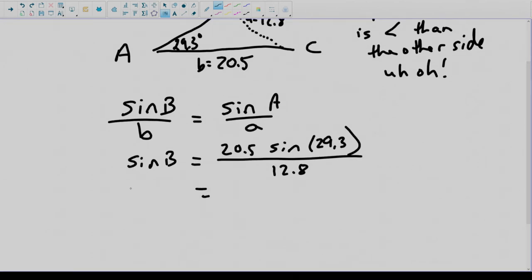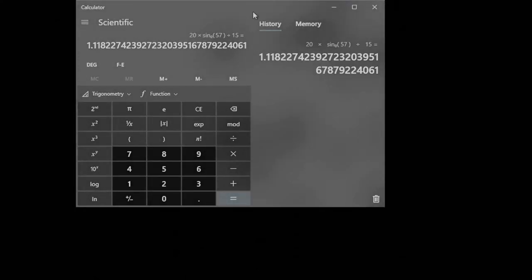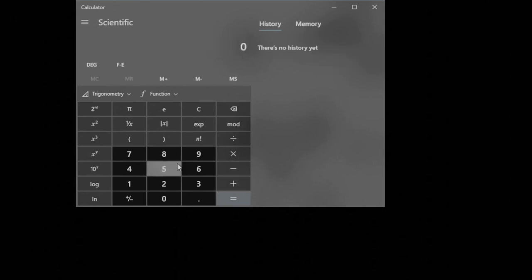So we're going to have sine B equal to, and again I'll bring up my calculator so you can see me calculating this. We've got 20.5. Let me clear everything out here. So 20.5 times sine 29.3, divided by 12.8.